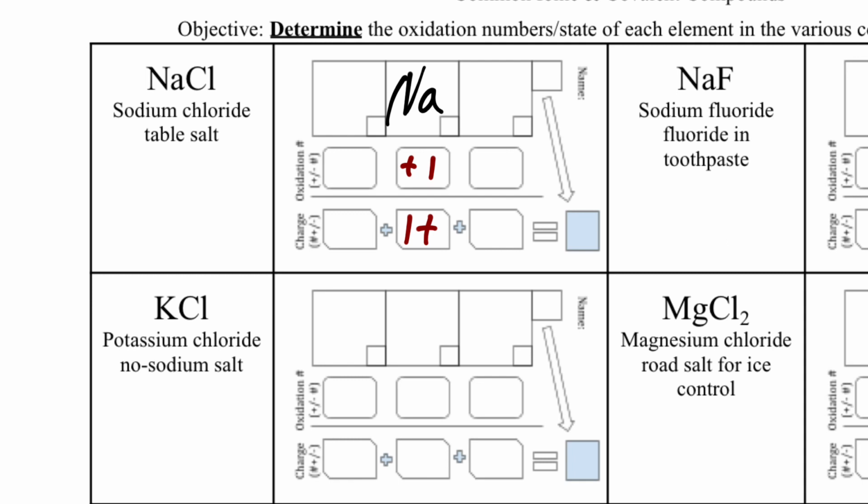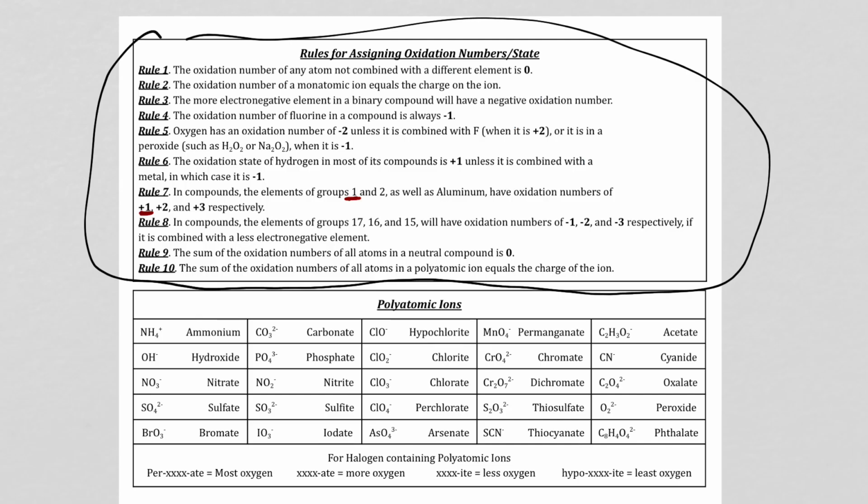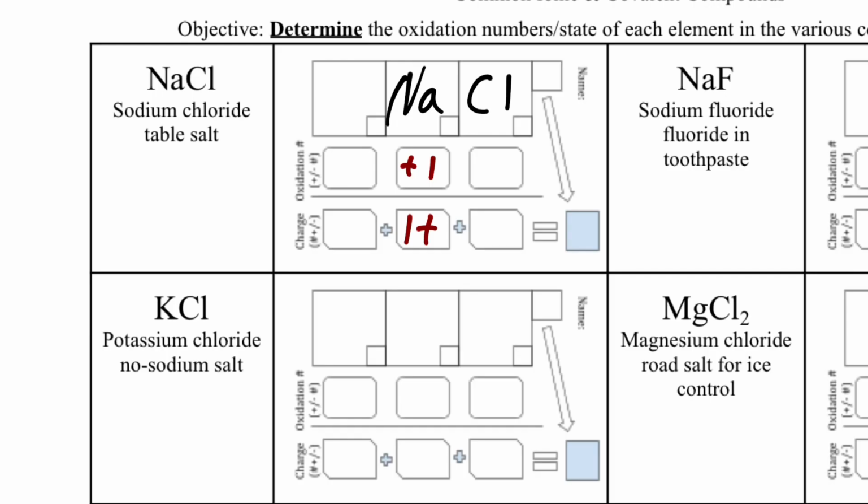The second part that you're going to be doing is including the Cl. Cl is group 17, so if you take a look at the rules here, I'm going to highlight it in blue. Group 17 is going to be -1, usually, especially if it is combined with a less electronegative element, in which case this one is combined with sodium, therefore it is definitely less electronegative.